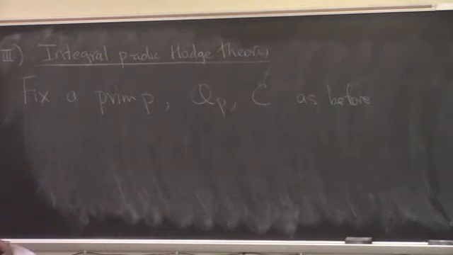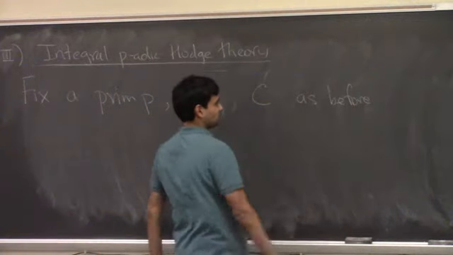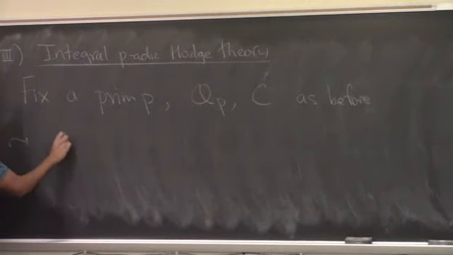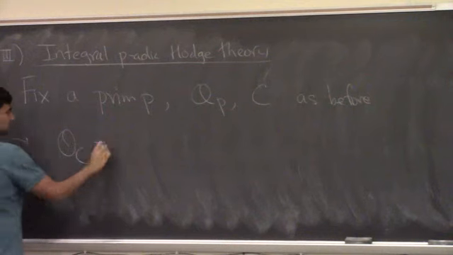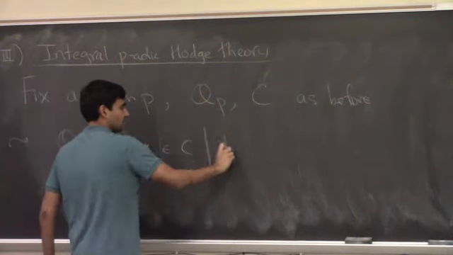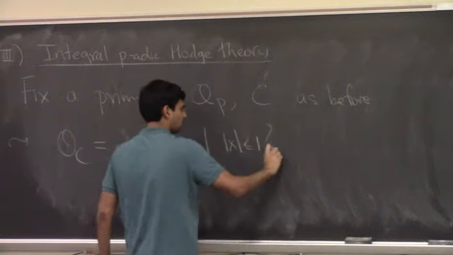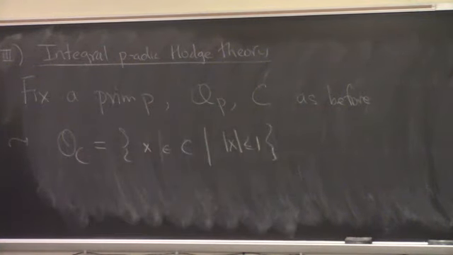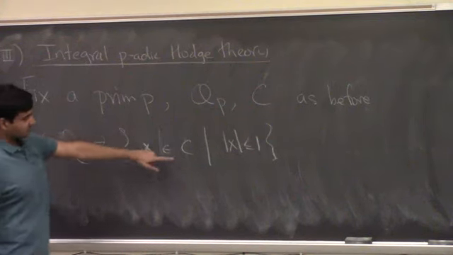If you want to be in a setting where you can both reduce mod p and invert p, you use the following observation. If you look at O_C, the set of all p-adic complex numbers whose absolute value is at most 1, this closed unit ball inside the field of complex numbers, because this field is non-Archimedean, this is actually a ring.